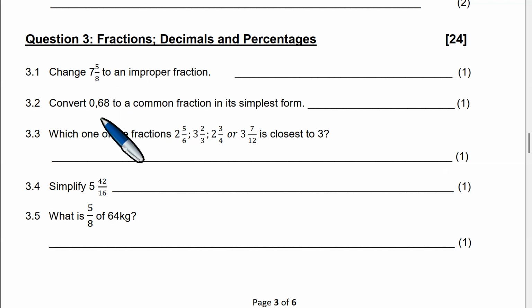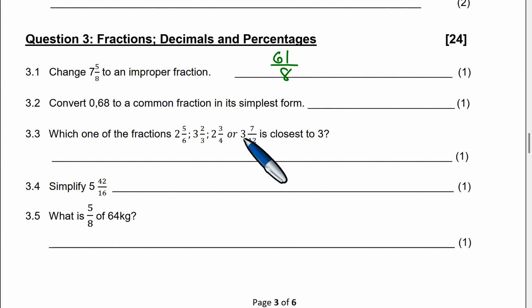What is 7 times 8? 56. Plus 5. What is 56 plus 5? 56 plus 5 is 61. So the answer is 61 out of 8.